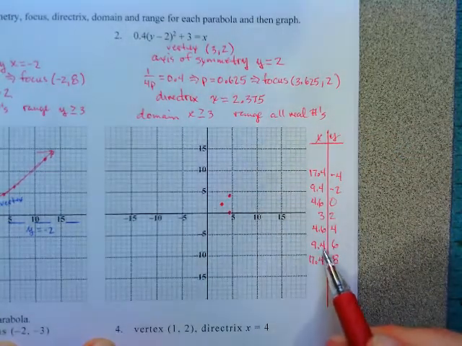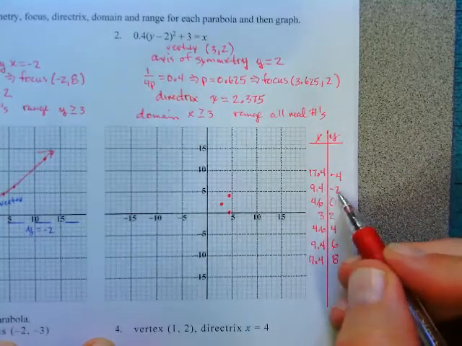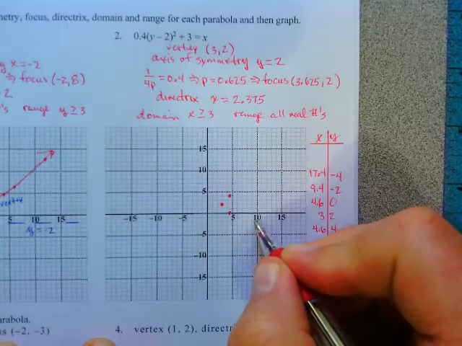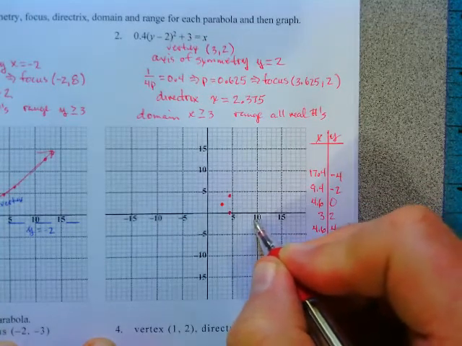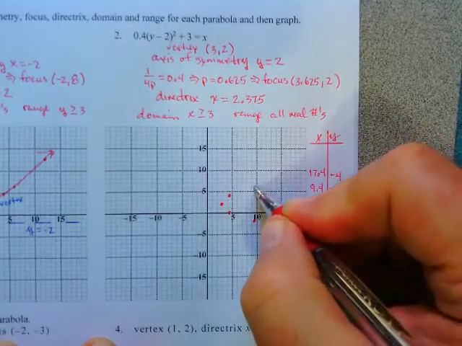And then at about 9.5 we're at 6, and 9.5 we're at -2. So here's about 9.5 at -2 and at 6.